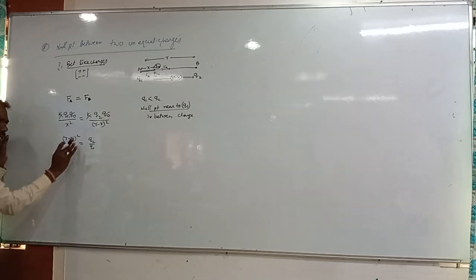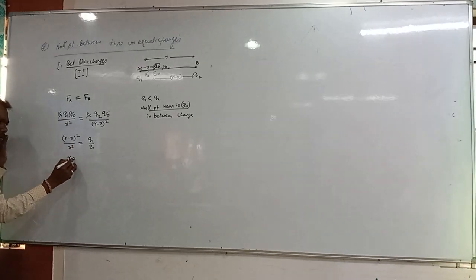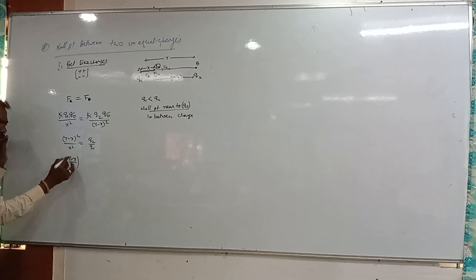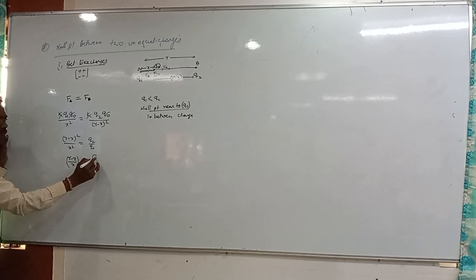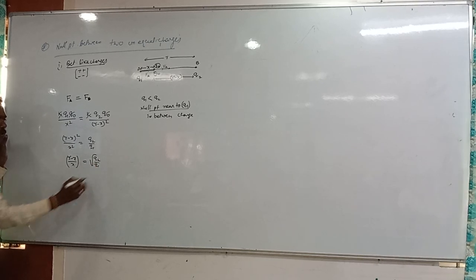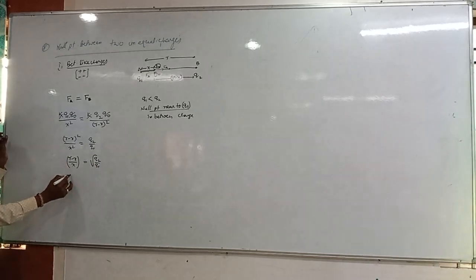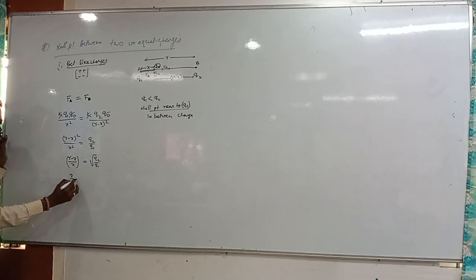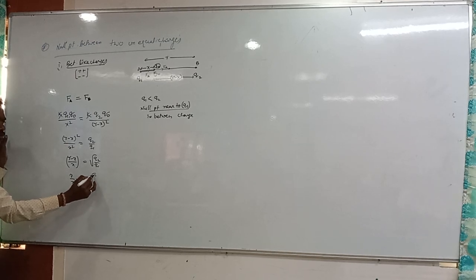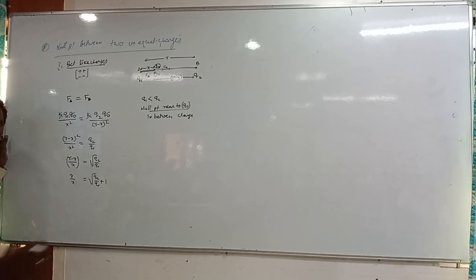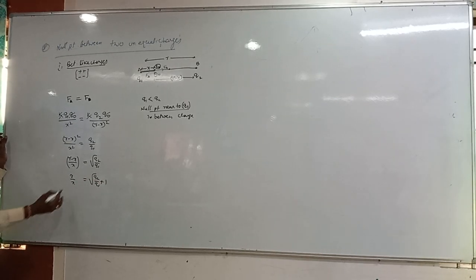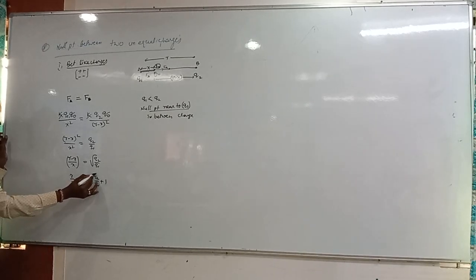So the square is not there: (r minus x) by x, whole squared, if we take the root, equals root of q2 by q1. So r by x minus 1 is equal to root q2 by q1. If 1 goes to the right side, plus 1. So x is what we need, right?